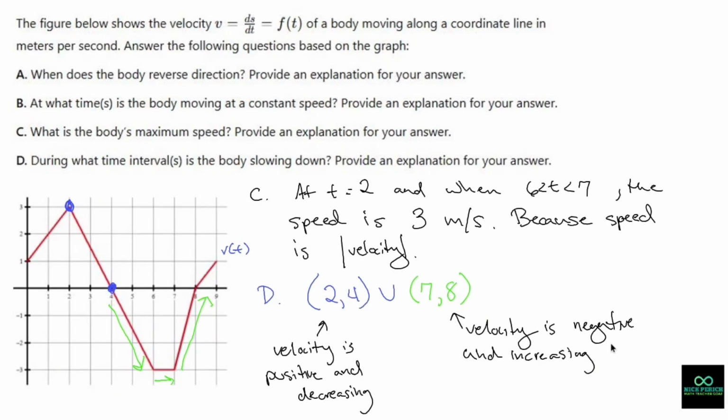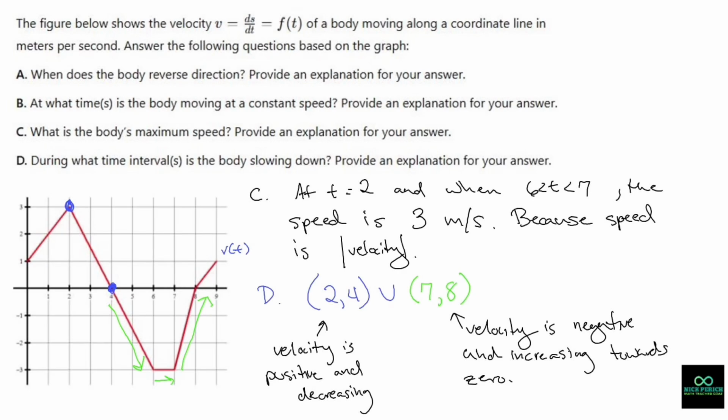Now what that means, one more time, is since we're moving backwards, we're going from moving backwards at 3 meters per second to 2 meters per second to 1 meter per second to stop. Okay, so the velocity is negative and increasing towards 0, which means you are slowing down while going backwards. So, kind of a bizarre question. Again, not a ton of math, hardly any math at all, really.